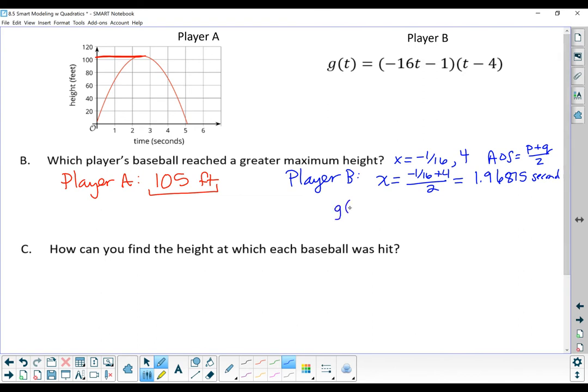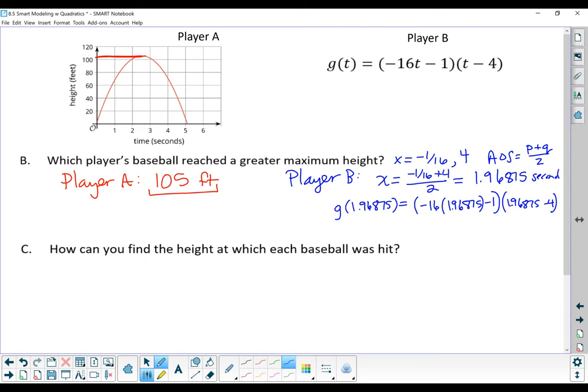So that's negative 16 times that t value minus 1, times this time that we just calculated, 1.96875, minus 4.